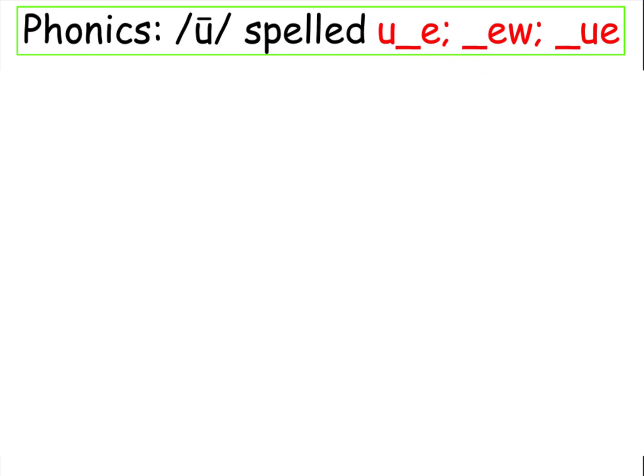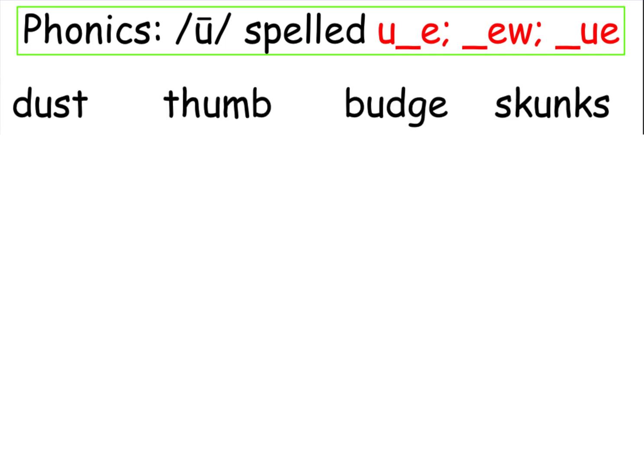All right, we are going to look at the words. You're going to try and read them. Dust, thumb, budge, skunks. These are not long vowel U, those are all short vowel U because U by itself, not always, but usually says uh.